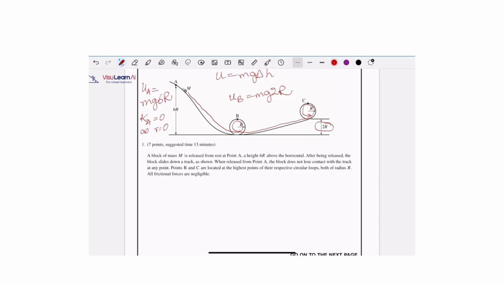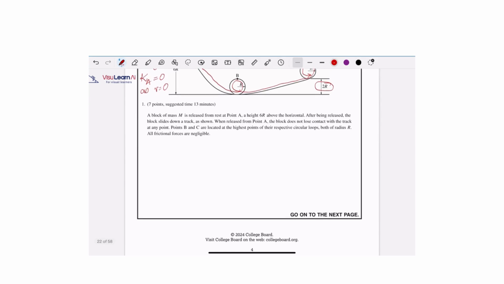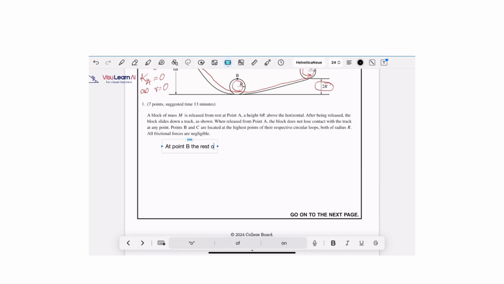Now, we don't know the kinetic energy at B at this point. However, we can calculate that using a physics principle, the principle of conservation of energy, that the energy at A will be equal to the energy at B if no work is done and no external forces are applied. So let's write down the physics principle here because it's important to do so in the free response question.